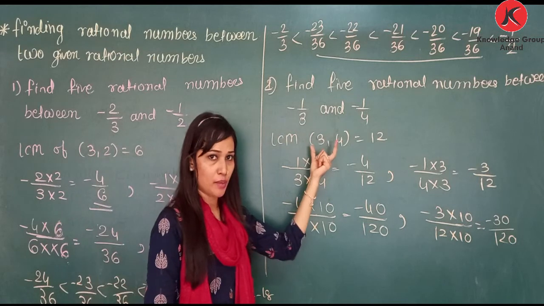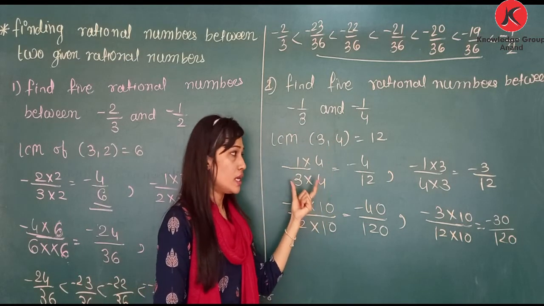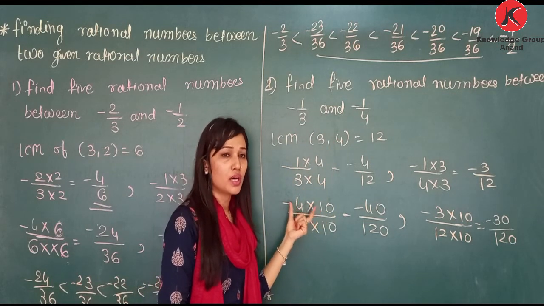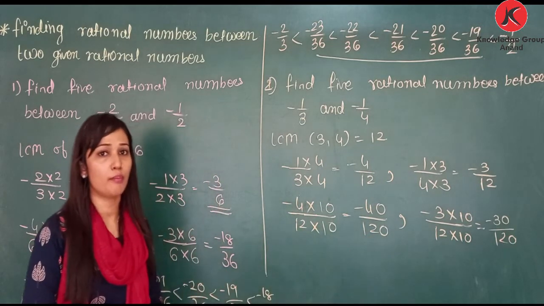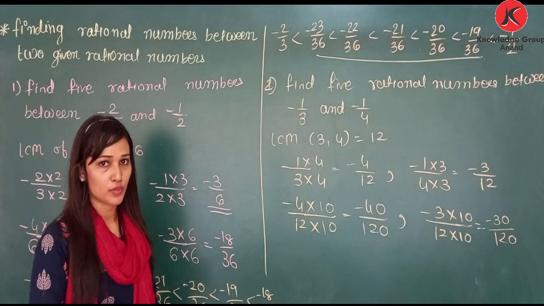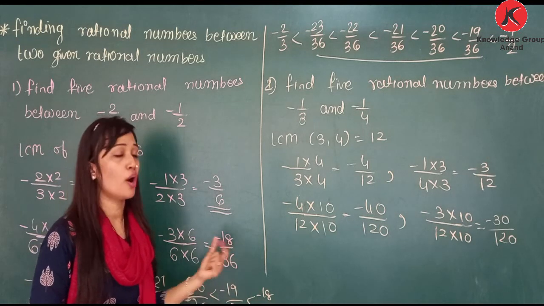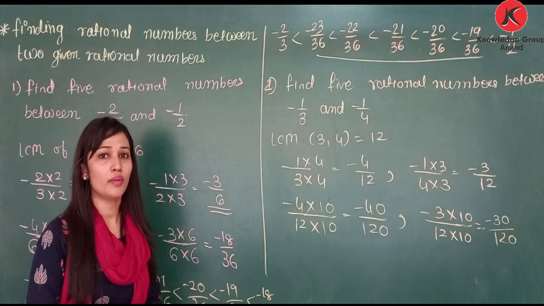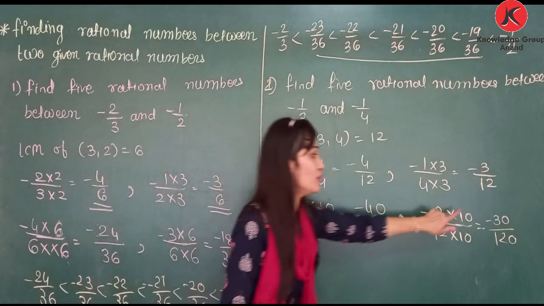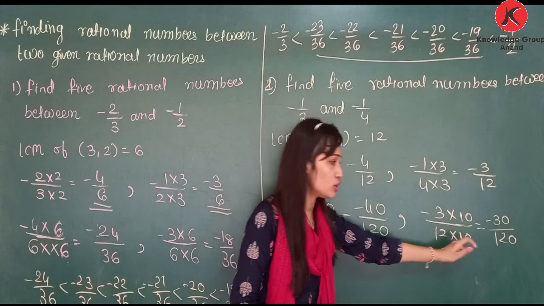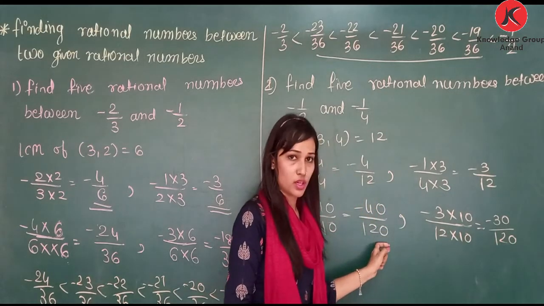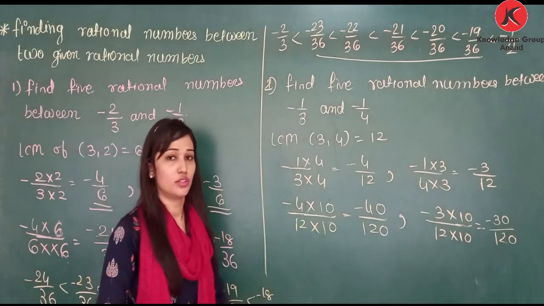First take the LCM and make the denominator the same. If you do not get 5 rational numbers, then multiply both rational numbers with the same number in the numerator and denominator. The denominator needs to be changed. If you multiply here with 5, then 12 fives are 60, and again you need to take the LCM of 60 and 120. So it is better to use the same number.